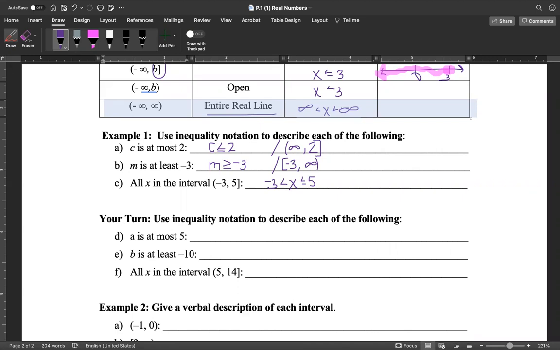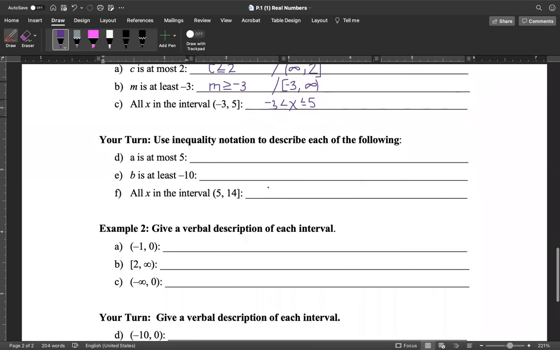So pause the video, take a second, try these next 3, and then come back and work on those.